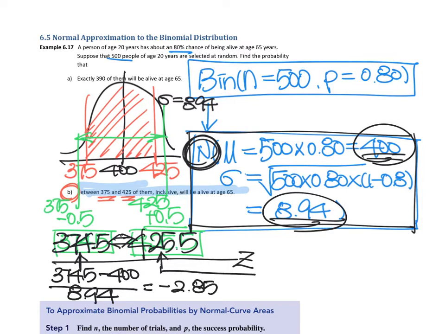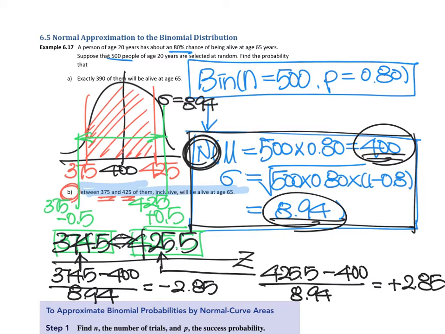As also we need the other one at 425.5, in the same way it's minus 400 divided by 8.94, that will be positive 2.85.